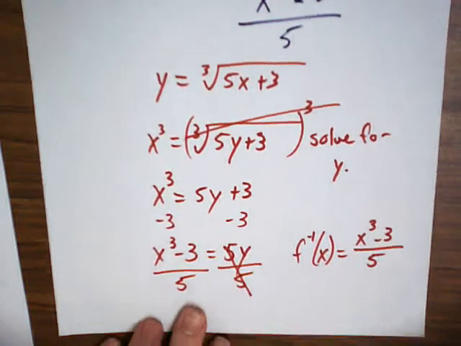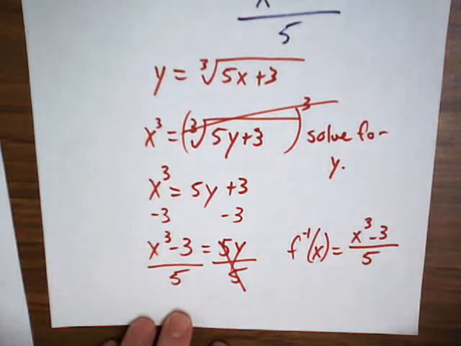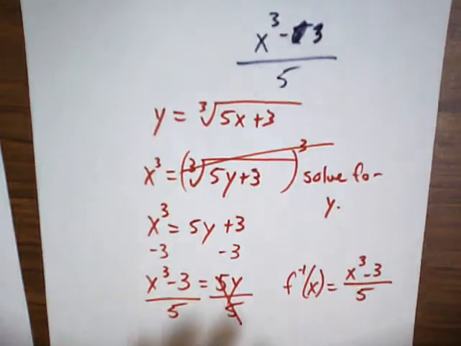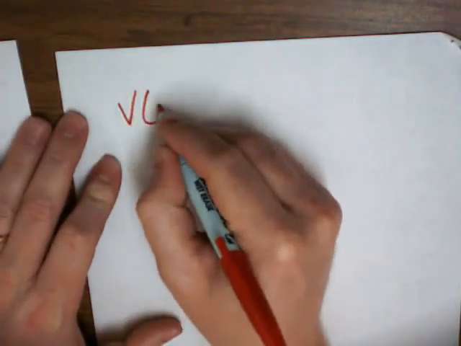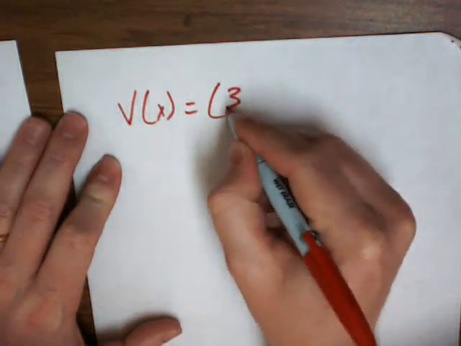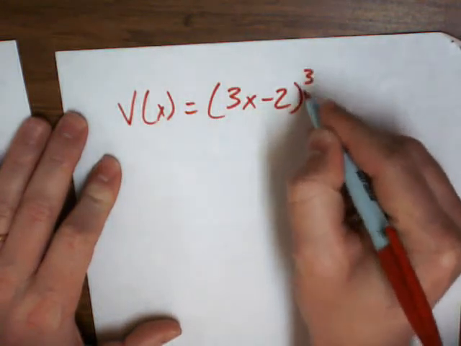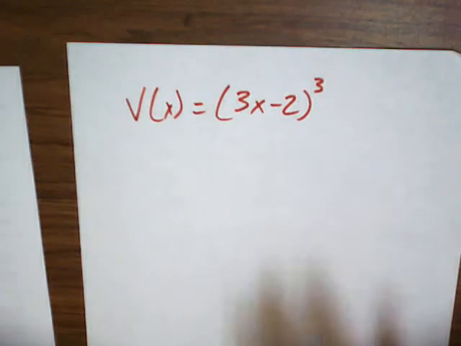So let's do the other one here. Grab some more paper. The next one is 3x minus 2 cubed.